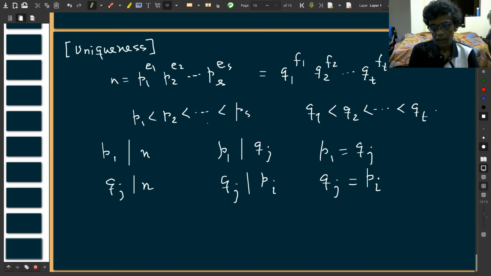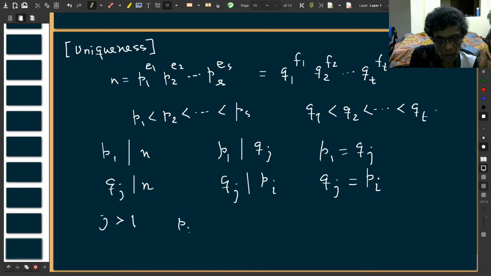Now, if j is greater than 1, then I have p1 equal to qj, which is greater than q1.